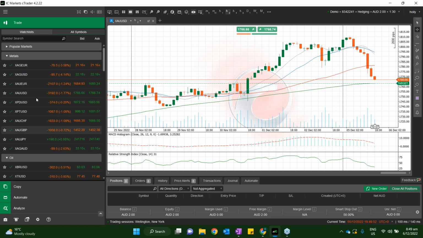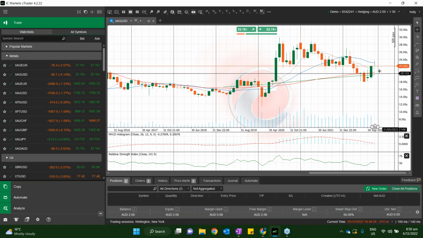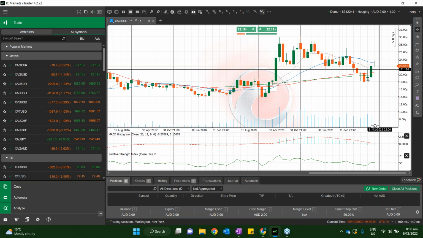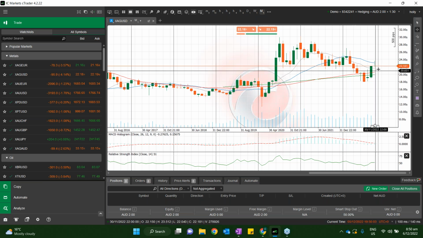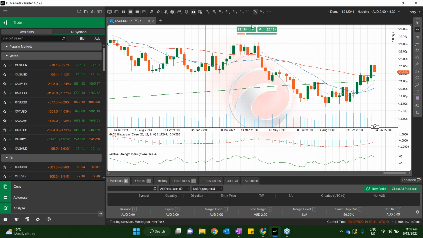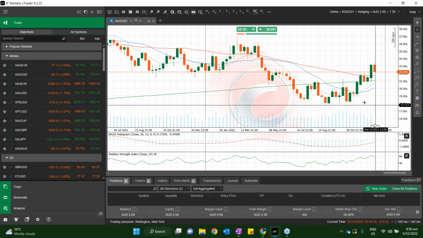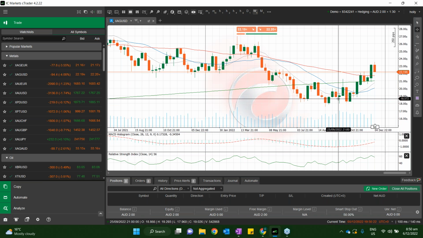What is silver doing? Similar picture on the monthly, pulling back into some sort of support level here, 22 or so, and even beyond this massive support level here. On the weekly, you'd have to say you're still in an uptrend.